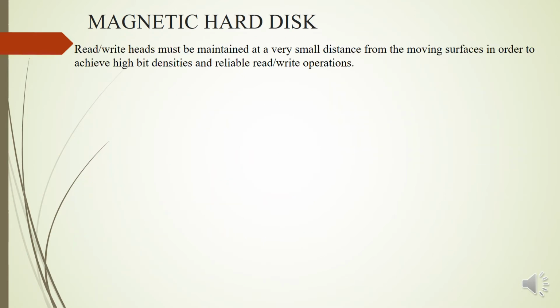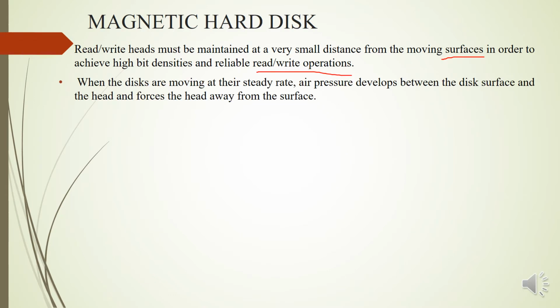Read and write head must be maintained at a very small distance from the moving surface in order to achieve high bit densities and reliable read or write operations. When the disks are moving at their steady rate, air pressure develops between the disk surface and the head, and this air pressure forces the head to move away from the surface.